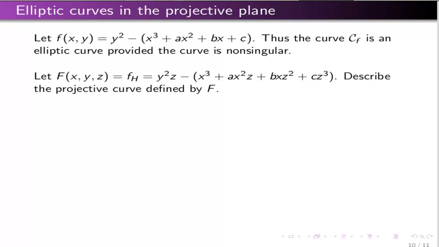So I throw in a z on the first term, so I get y squared z. I leave the x cubed alone, and I add a z to the x squared term. I add z squared to the x term, and then I put a z cubed on c. So now every monomial has total degree 3. And so let's describe what the projective curve defined by capital F looks like. And so again, we've got finite points.